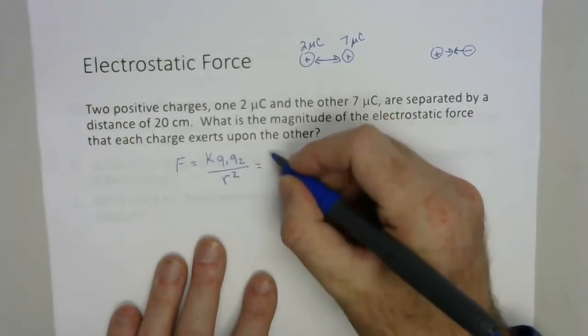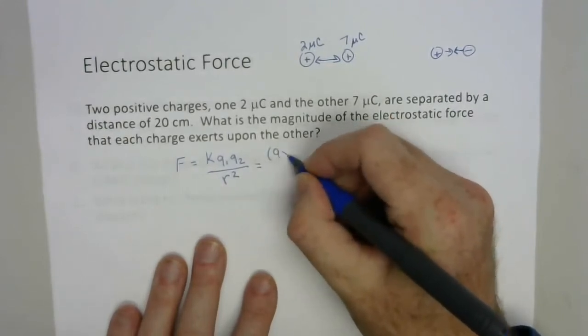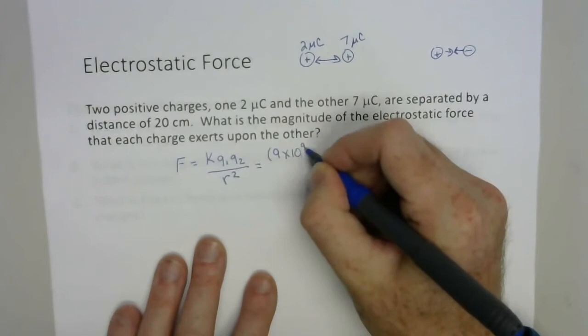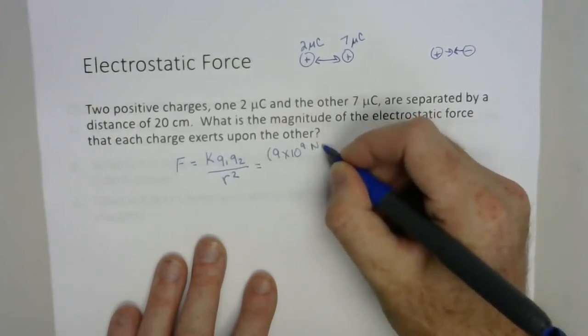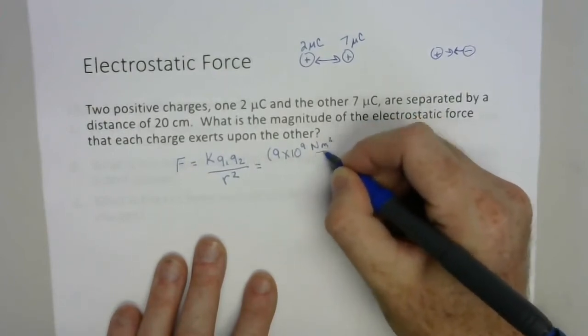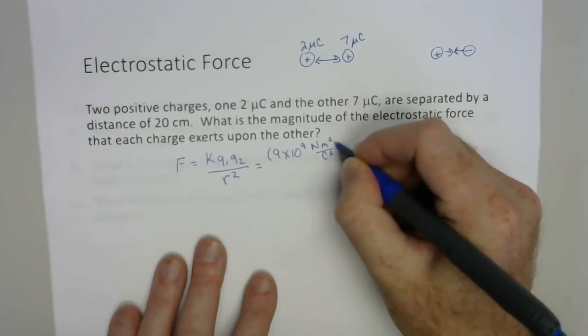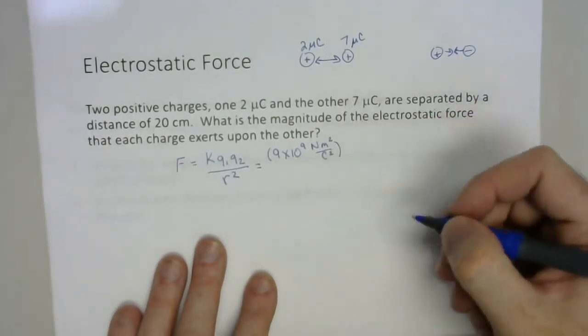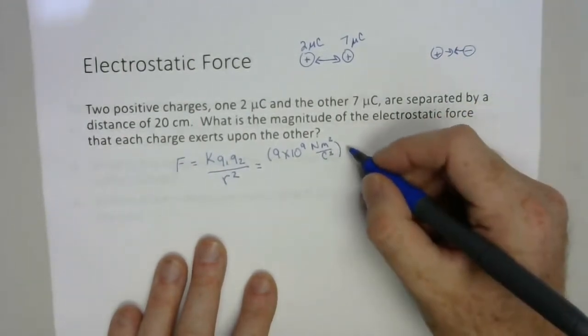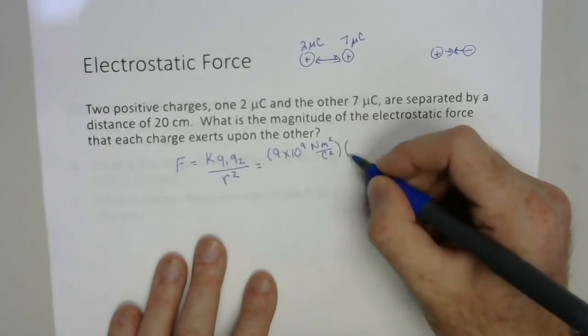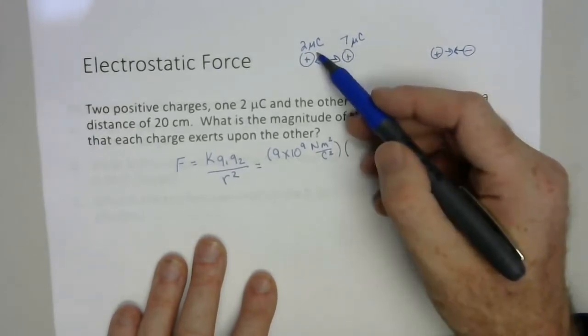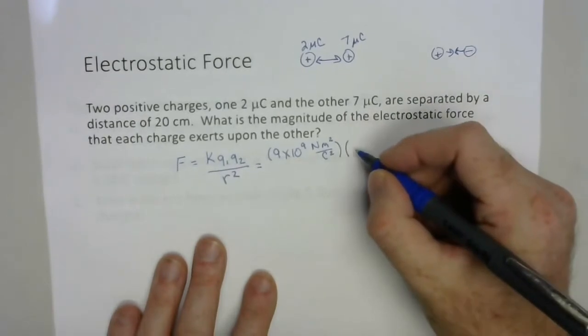The constant, the K, is 9 times 10 to the 9th newtons meters squared per coulomb squared, where a coulomb is a joule per volt if you want to break the unit out. Now, we need to get these microcoulombs into coulombs so the problem units will work out.